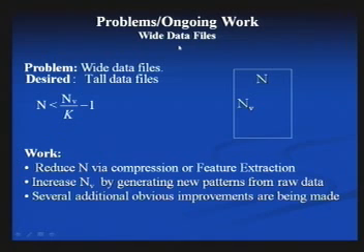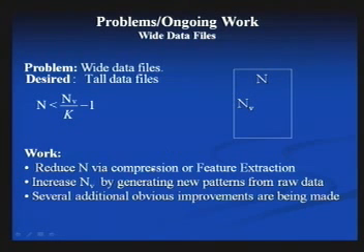So continuing to talk about wide data files versus the tall data files that are desired. What we would want would be to turn around that inequality on the other page and have a number of inputs small enough so you could not have memorization, maybe much smaller. There's many ways to make a data file tall, or have a lot of training patterns compared to the number of input features.